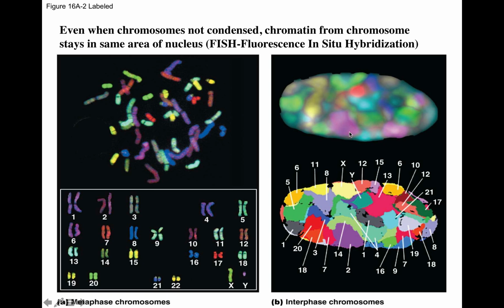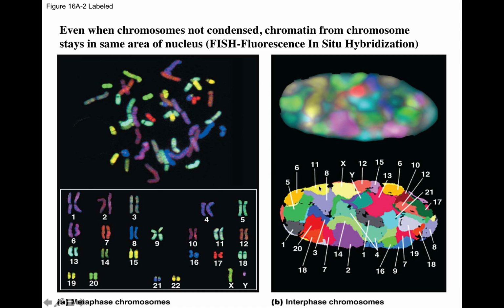When the cell is not getting ready to divide, it's just living its life as a cell, such as in the G1 or G0 phase, the DNA is less condensed, not looking like this, but more spread out in heterochromatin and euchromatin. And even in that state, it is intact as a linear molecule. So, for example, one copy of chromosome 11 is all in this area.